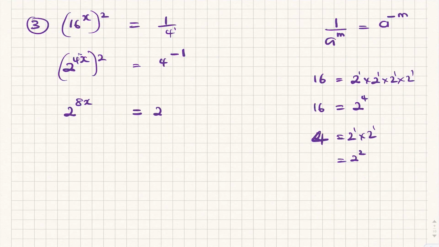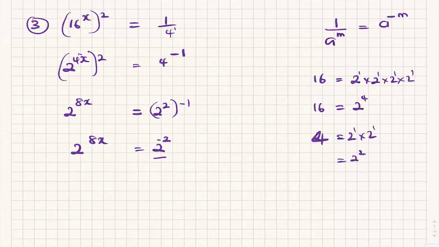So you get 2 to the power of 2, all to the power of minus 1. Again, you multiply the powers on the right. So that'll be 2 to the power of 2 times minus 1. So that's 2 to the power of minus 2. And here is 2 to the power of 8x.